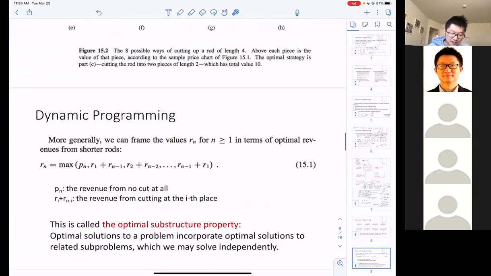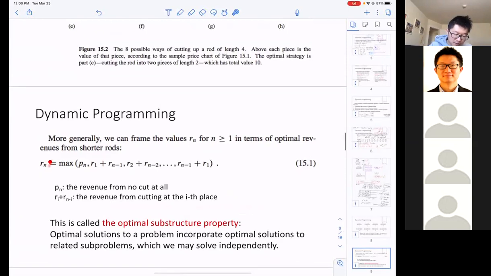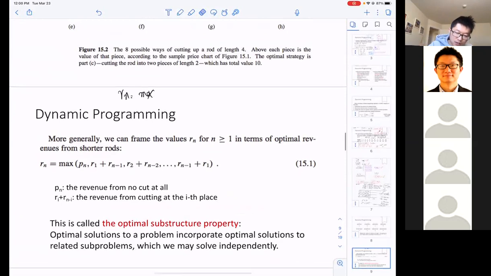What it says is that Rn denotes the maximum revenue that you can find for an n-inch rod, okay?